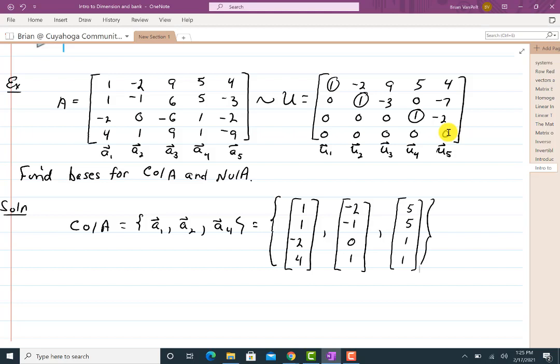Now, for Null A, it's a slightly more complicated scenario because when you try to find the solutions to AX equals 0, this is the easiest thing to use. However, you want to clean it up and make those zeros happen like I said.